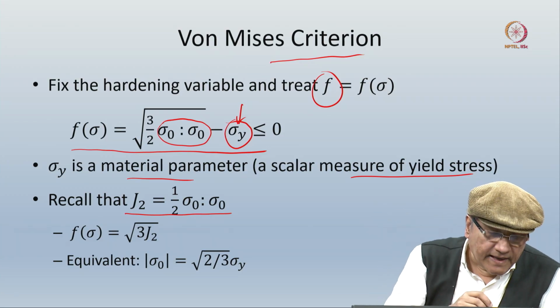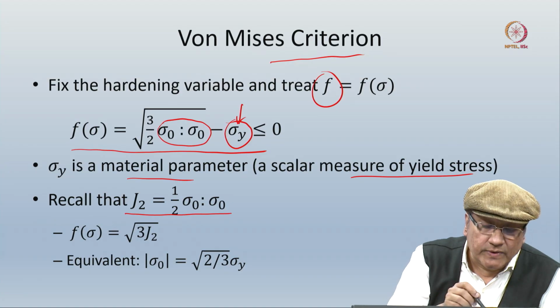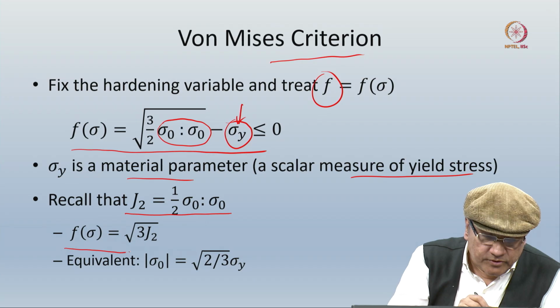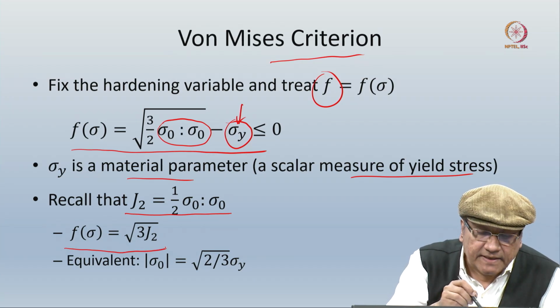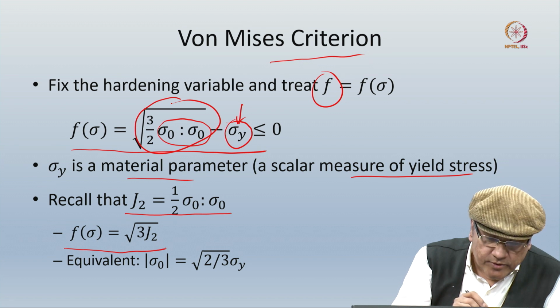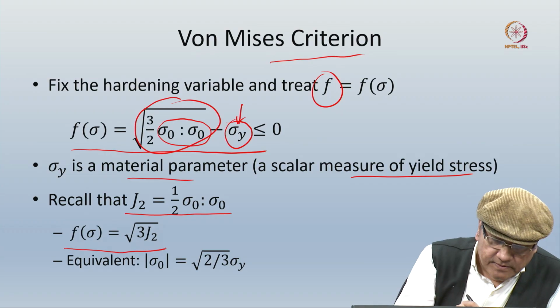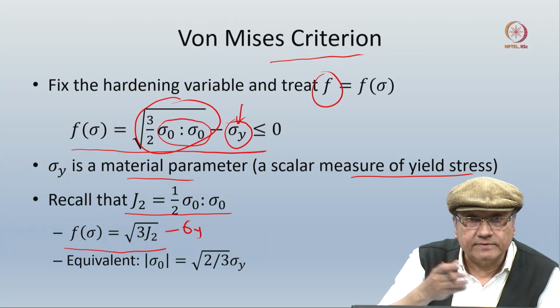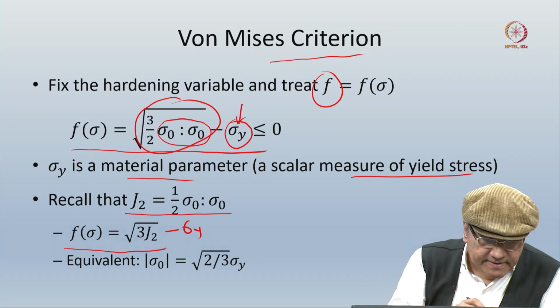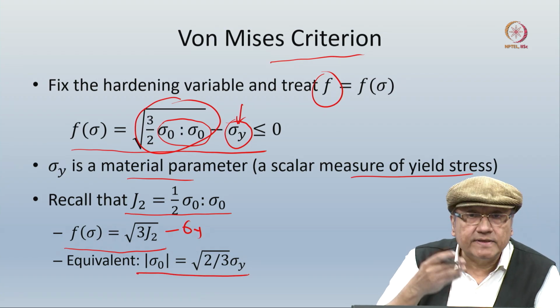If you call it J2, then F(sigma) is something like square root of 3 J2, minus sigma_y, of course, which I did not write. So this is an equivalent statement of the same thing.